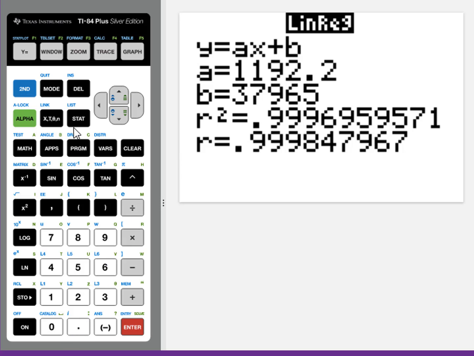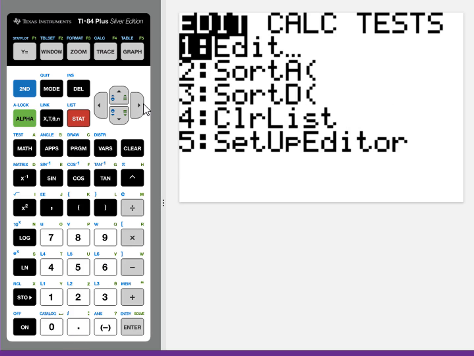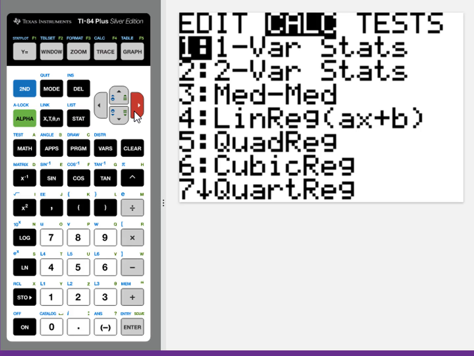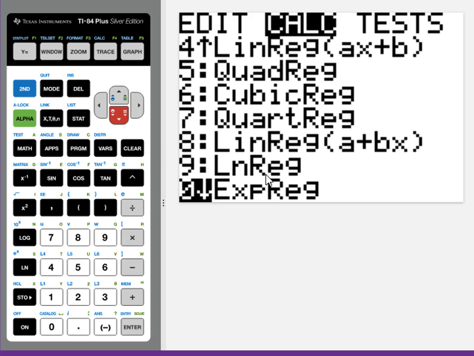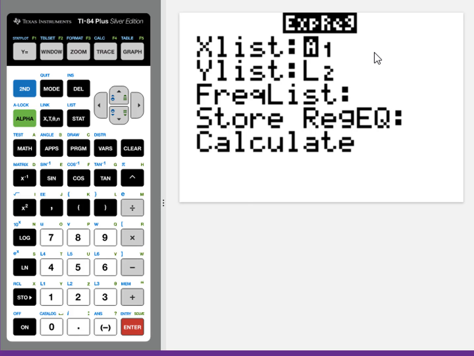Then I go to Stat again. I need to check that exponential regression equation. So I go down and find exponential regression. I press enter. Still L1, L2, no problem. I need to store this regression equation, go to Y2.